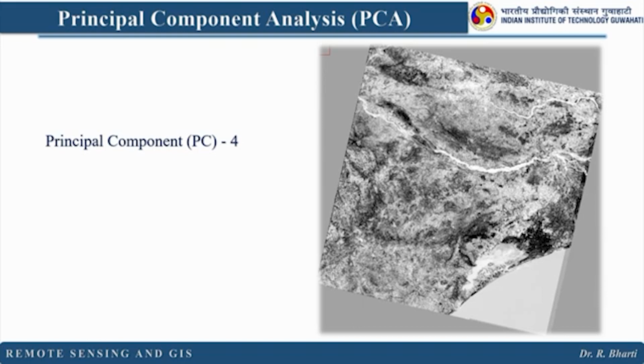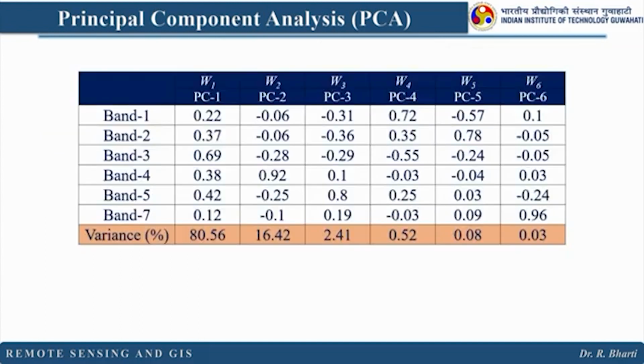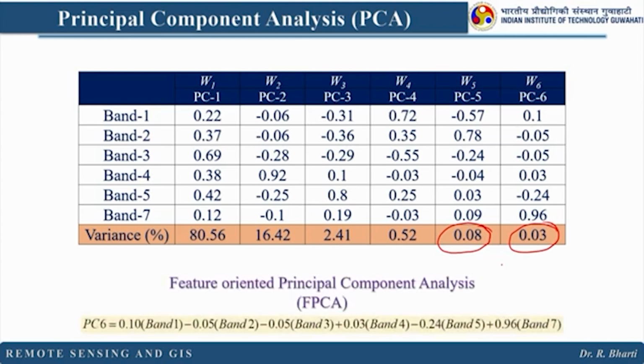If you want, you can generate all the principal components for 6 bands, but at a later stage you will find the variance is very low, so the whole image will have similar information and there is no point in keeping those bands. So you can truncate them.